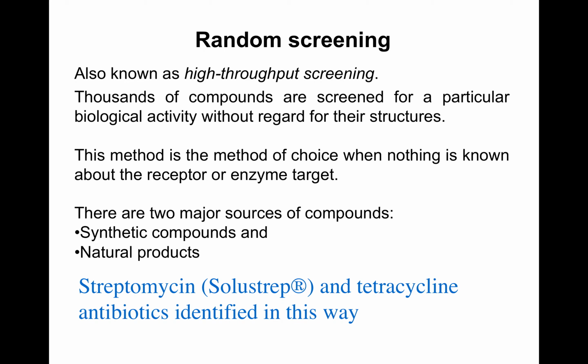So this method is also the method of choice when nothing is known about the receptor or the enzyme target. For instance, you know that there's a specific enzyme or a specific target involved in the disease, and you can maybe set up a cellular assay where this enzyme or receptor is present, and then you can determine which type of compounds can bind to this receptor or enzyme target.